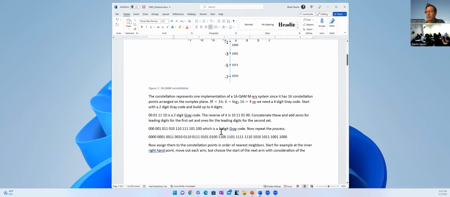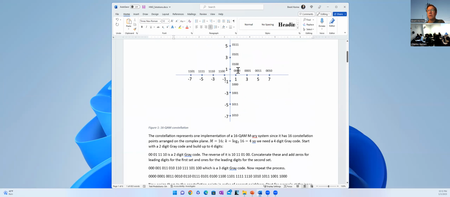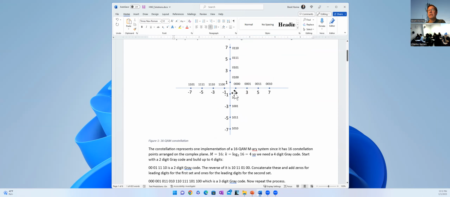But now you still have the challenge of figuring out how to assign those to the constellation. Just start in one place. There are some degrees of freedom, so you may not come out with exactly the same result I do, but it should still satisfy the idea that you start with the first code in that set and run out that radial arm, then step to another one.